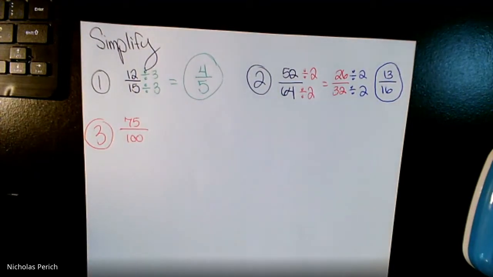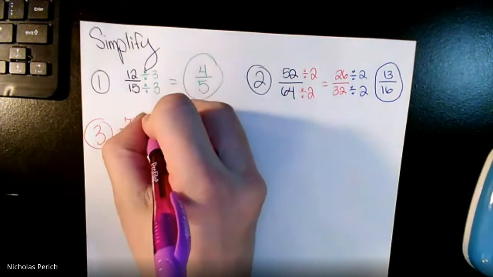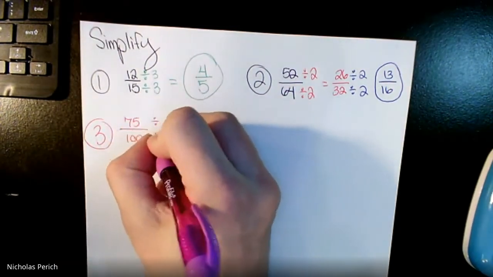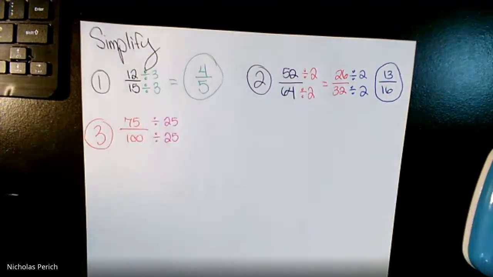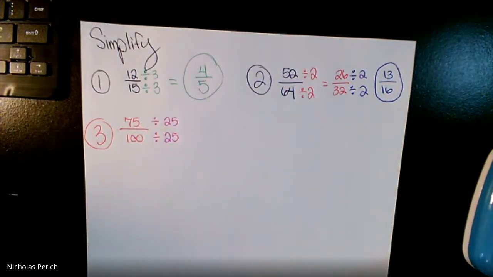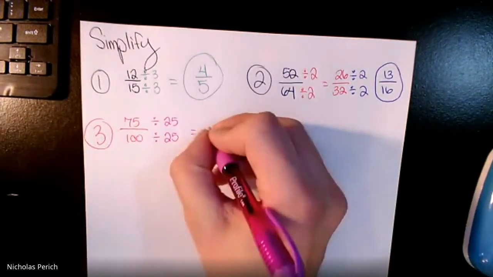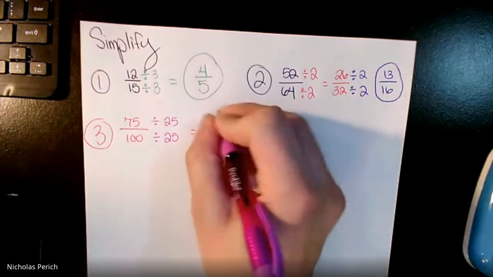But some of you might be thinking, I can actually divide the top and the bottom by 25. That's called the greatest common factor. When you realize that you can divide by a much larger number instead of taking turns dividing by 5 and then dividing by 5 again, if you just divide by 25, you can get it all done in one fell swoop. Boom, boom.